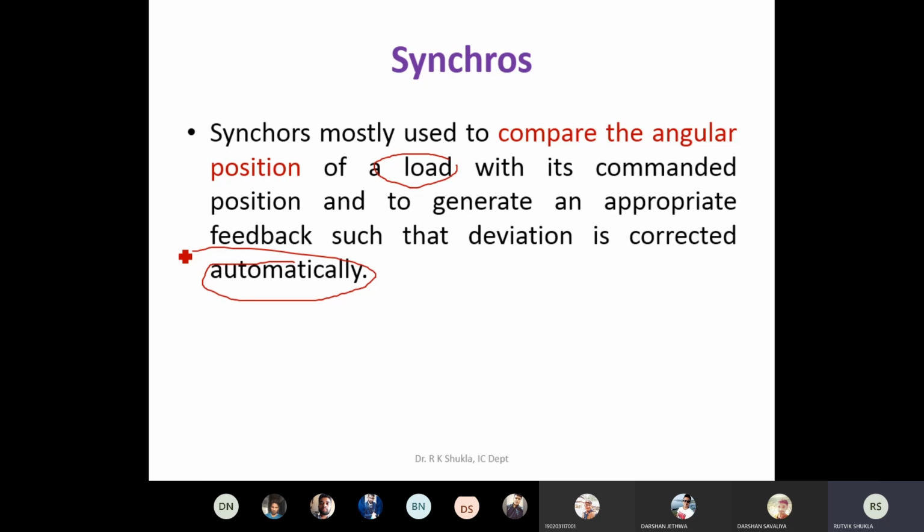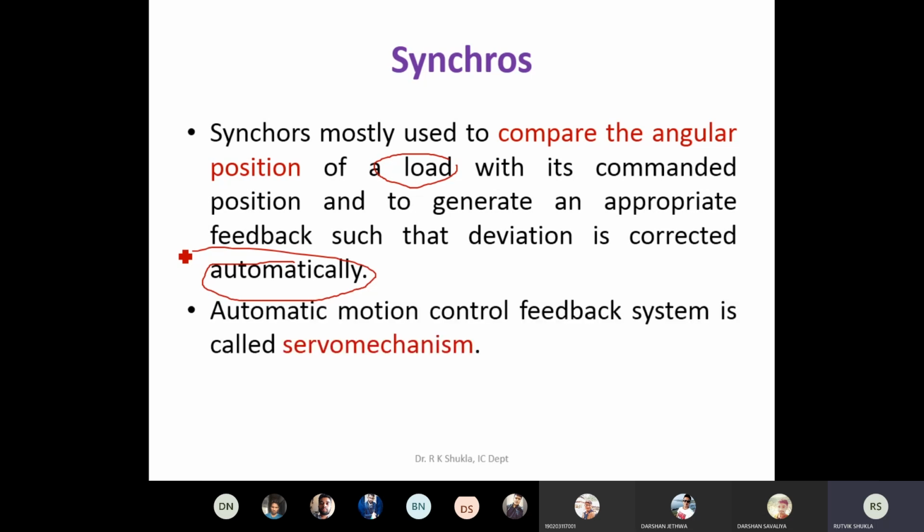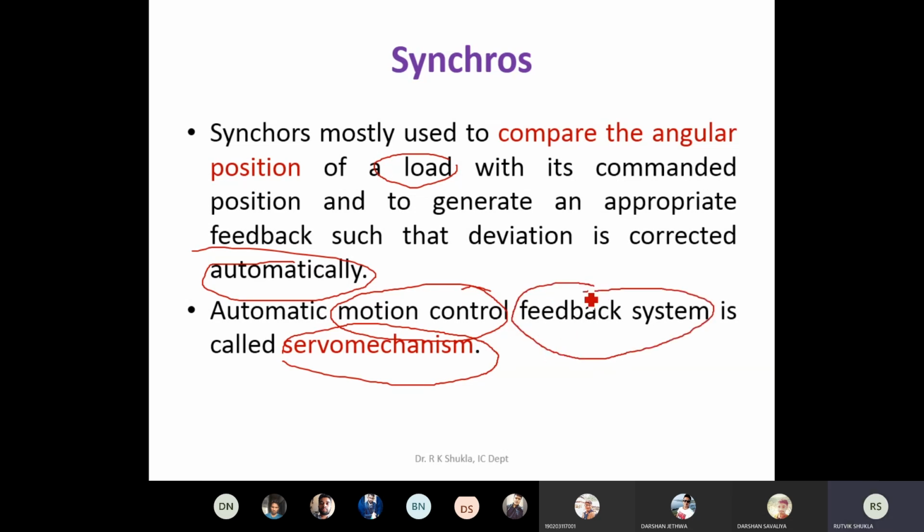That is the entire synchro transmitter receiver pair function, and this particular mechanism is known as a servo mechanism. This automatic motion control feedback mechanism is known as a servo mechanism. You are controlling the motion of the rotor, that motion is controlled by a feedback mechanism, and the entire task is performed automatically.